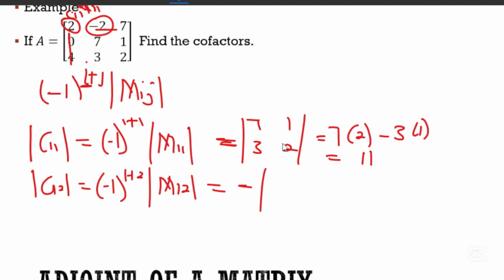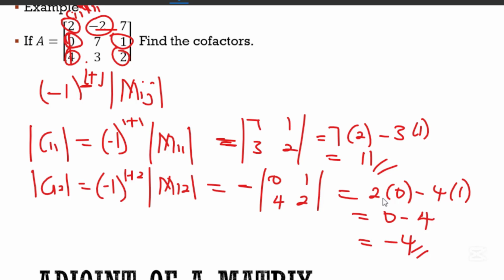We delete all entries in the row of -2 and in its column, so it will be left with 0, 1, 4, 2. So we get 2 times 0 minus 4 times 1. 2 times 0 is 0, 4 times 1 is 4, so we have -4.